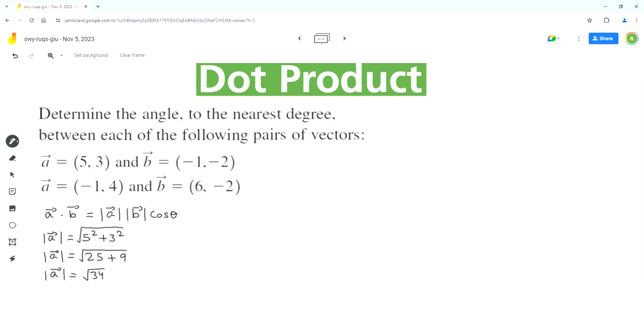Now we can find the magnitude of vector B. So we'll use the same steps. We'll square the x and y components, add them, and then apply the square root to the sum.